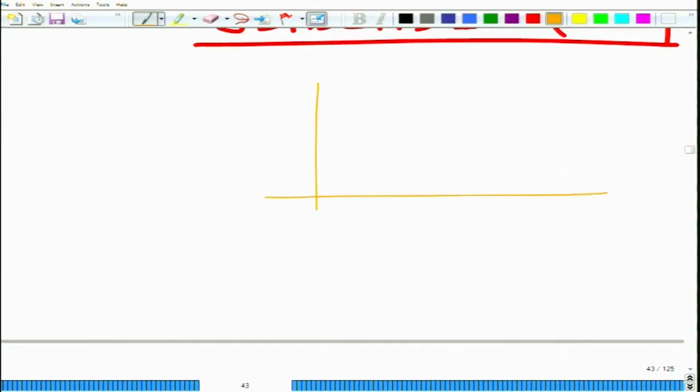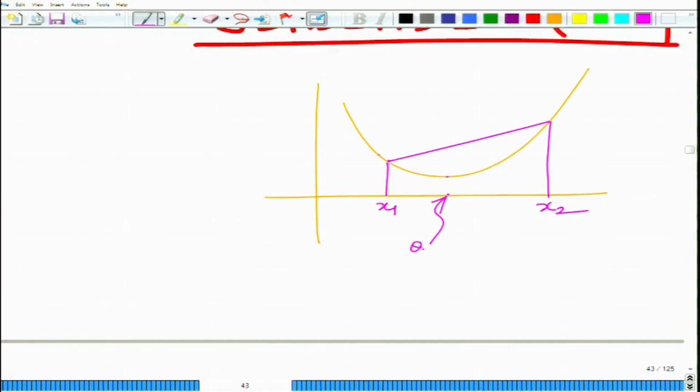Remember, if you go back and look at the definition of the convex function, it is this bowl shaped function we said, and if you look at 2 points x1 and x2, and you take any linear combination, that is, let us make these vectors, theta 1 x1 bar plus theta 2 x2 bar, and this is the value of the function at the linear combination.